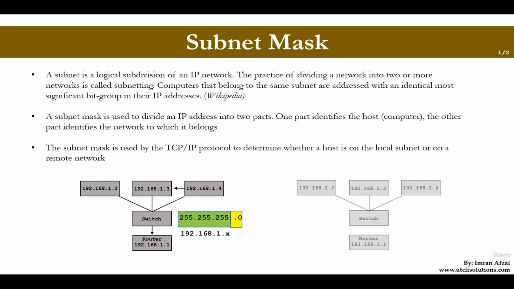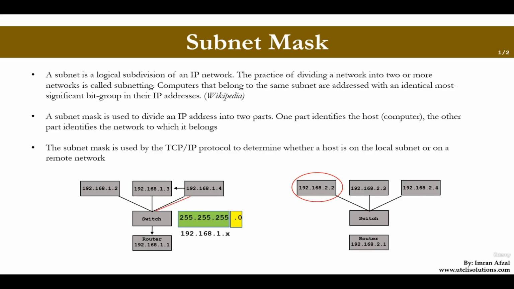Now let's take an example of another network that has 192.168.2.2, 3, and 4. Same setup: connected to a switch, the switch connected to a router, and the router has an IP address of 2.1. Let's say I wanted to talk to 192.168.2.2 from my host 192.168.1.4.